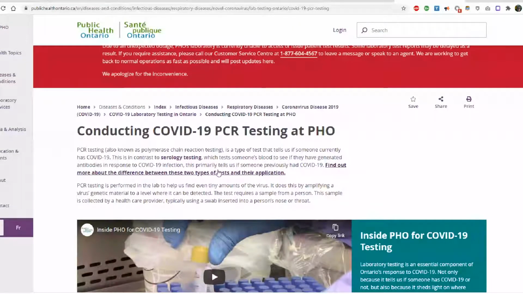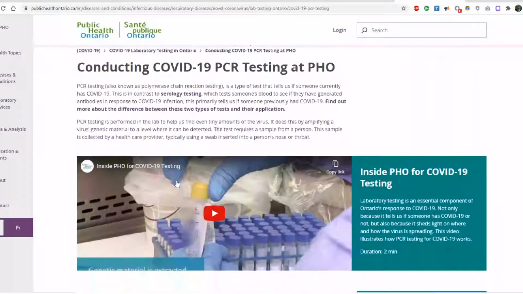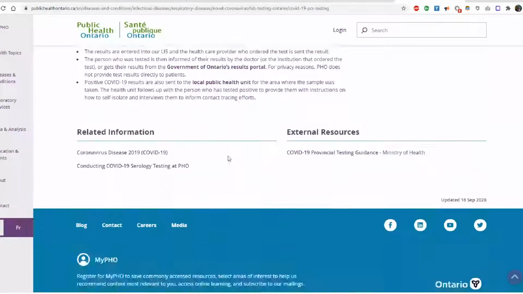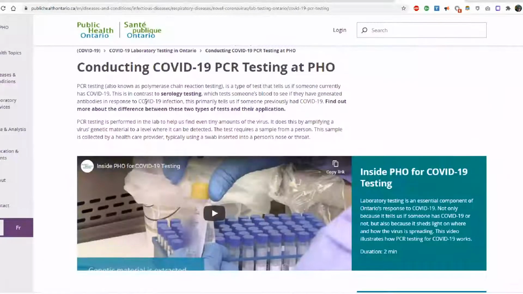This primarily tells us if someone previously had COVID-19. Find out more about the differences with these two types of tests and their applications. Okay, so serology is that you've had it and you're immune, and the PCR is if you have the active virus. Okay, fair enough. I don't think there was anything crazy about that.